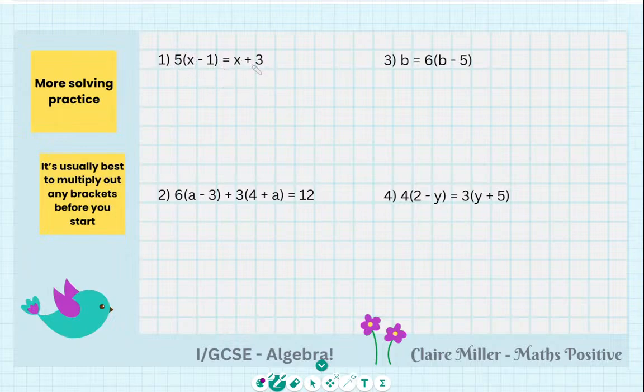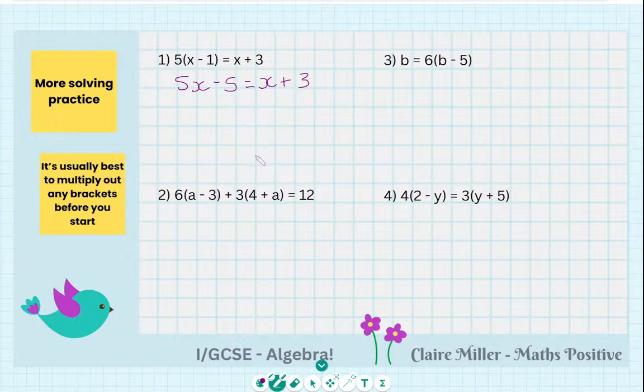I need to find what x is. And I'm going to say, okay, let's multiply out the brackets first, and then we can see what we've got. So remember, we're multiplying everything inside this bracket by whatever's outside on the front stuck to the bracket. So we've got 5 times x, that's 5x. We've got 5 times negative 1, that's negative 5. And this side hasn't changed at all, so I'm just going to write it out exactly as it is.